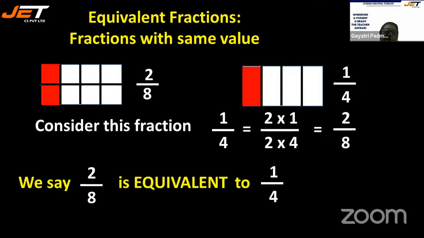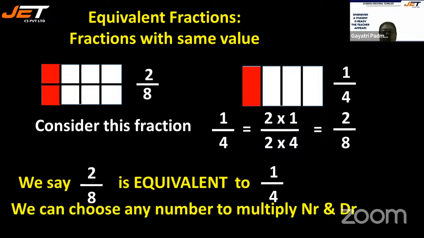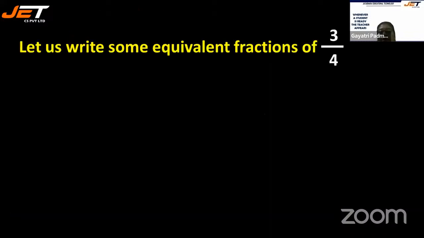We say 2 by 8 is equivalent to 1 by 4. We can choose any number to multiply the numerator and denominator.